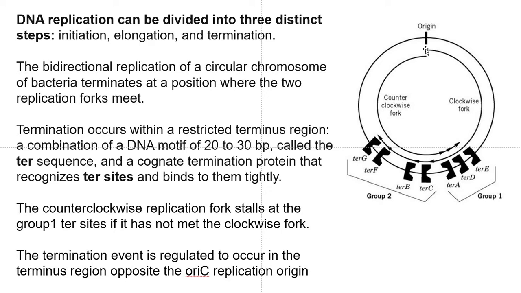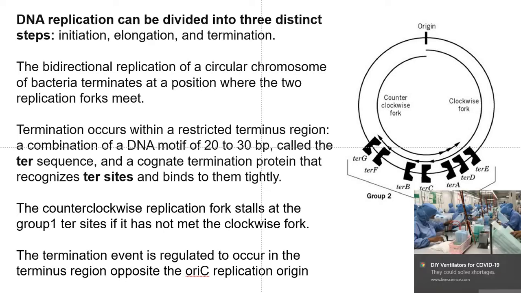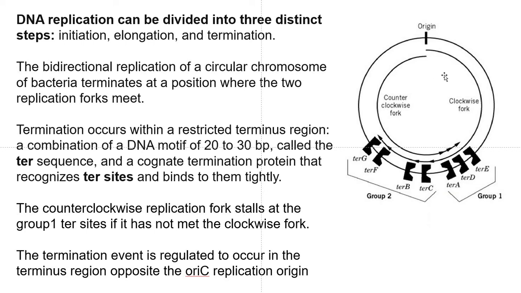Replication is bidirectional, so it occurs in both directions, clockwise as well as counterclockwise. There's one replication fork moving in the clockwise direction, called the clockwise fork. The other one is moving counterclockwise. It's called the counterclockwise fork.